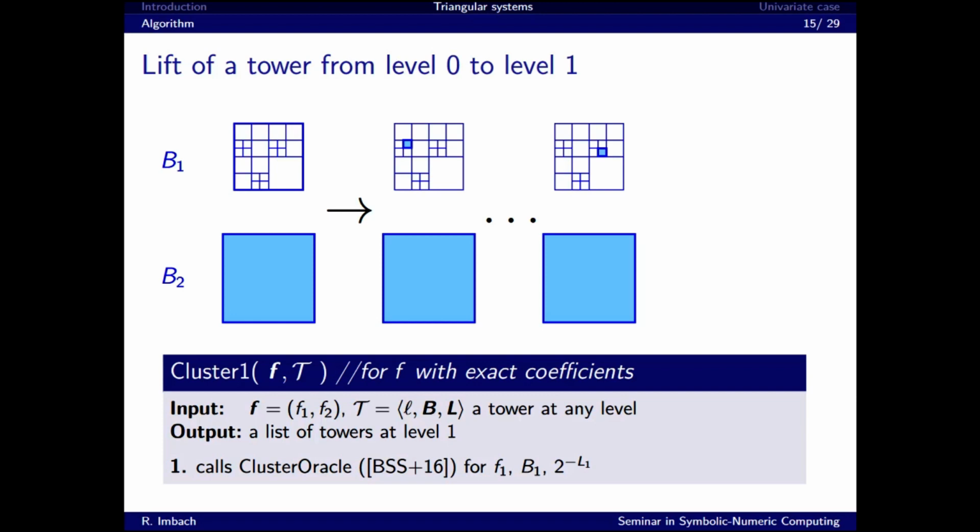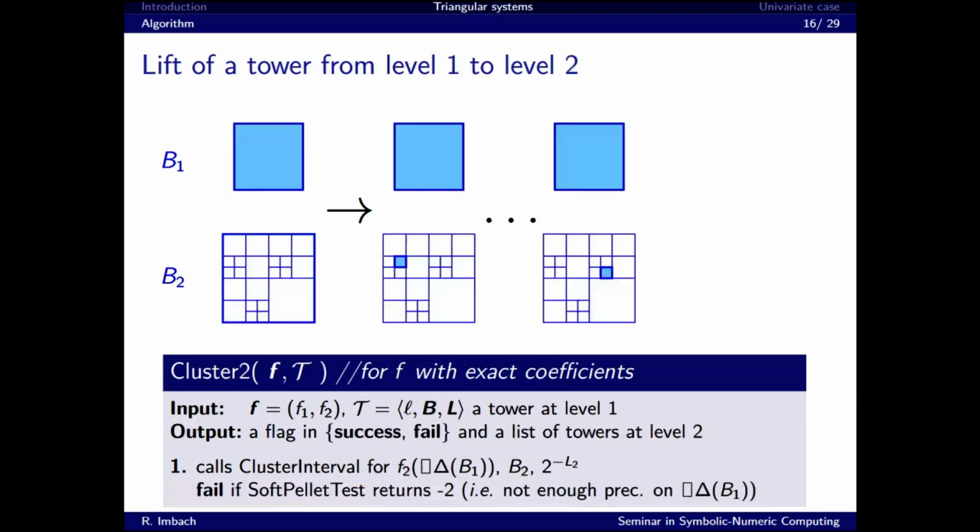So this will apply a subdivision in the first component of the box B1, and return a list of natural clusters that solve the LCP for F1. And from this list, we form towers at level 1 by appending B2 as the second component.